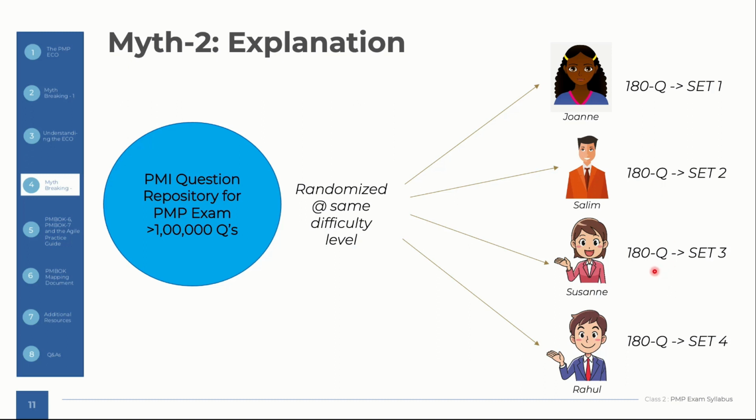Or if Susan is getting an application-oriented question from critical path method, I don't know whether Rahul will get that question or not. I hope you understand by now that this is all based on probability and chance. And for this precise reason, guys, I do not recommend that you plan your exam preparation by taking feedback from students who have already appeared for the exam.